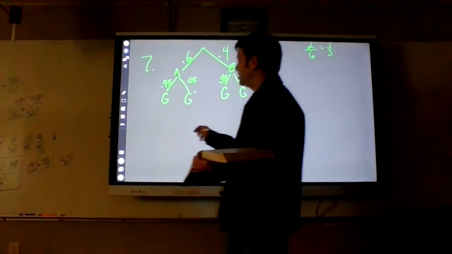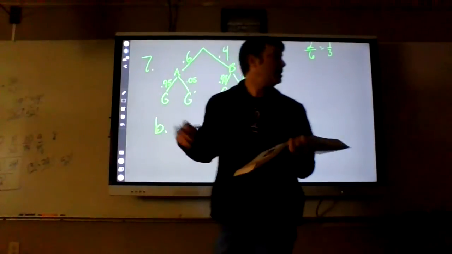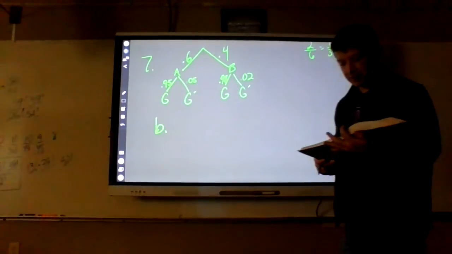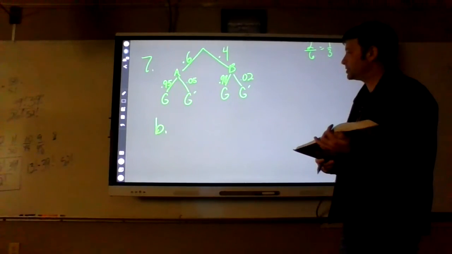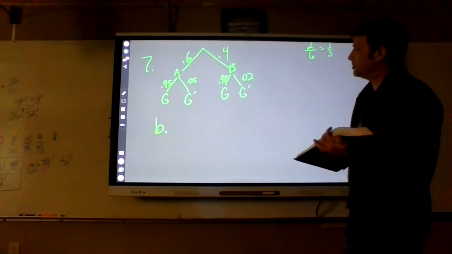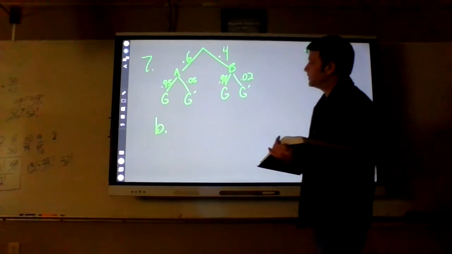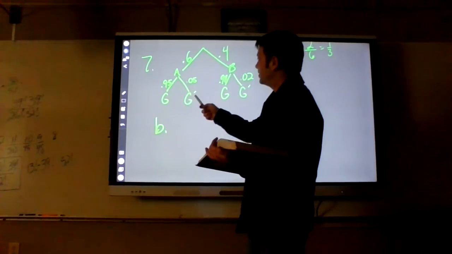Okay, that was A, now B. What percent of the bearings fail to have the required precision? So maybe I should call it fail. The not good here is my fail.